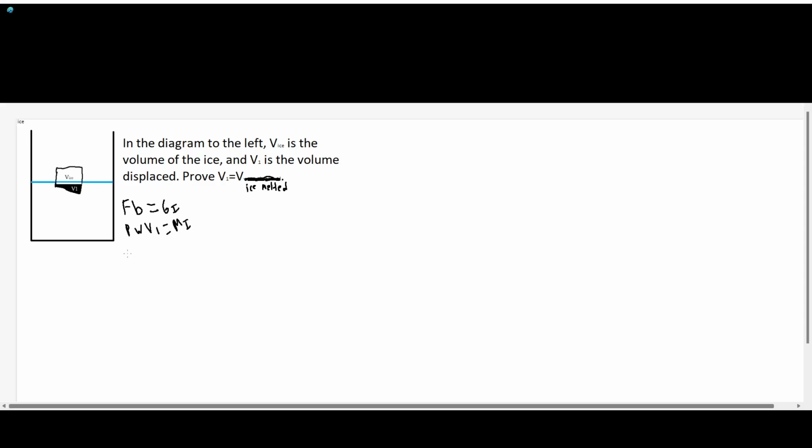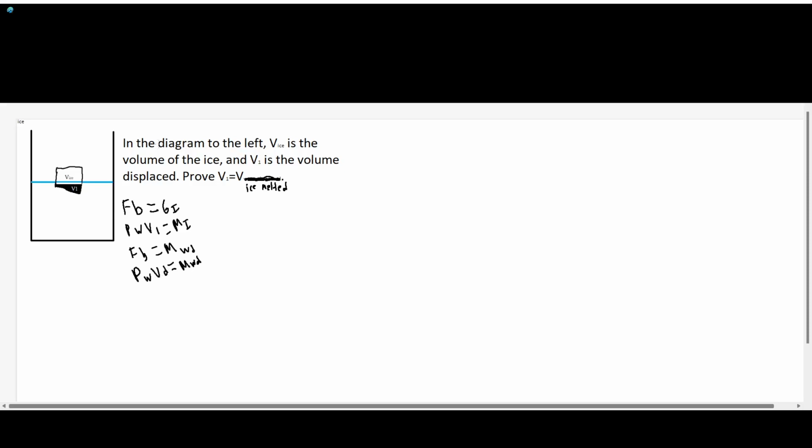Now, with Archimedes' principle, the buoyant force of the ice is equal to the weight of the water displaced, which again simplifies to density of the water times volume displaced is equal to mass of water displaced. This is not mass of water, this is mass of water displaced.